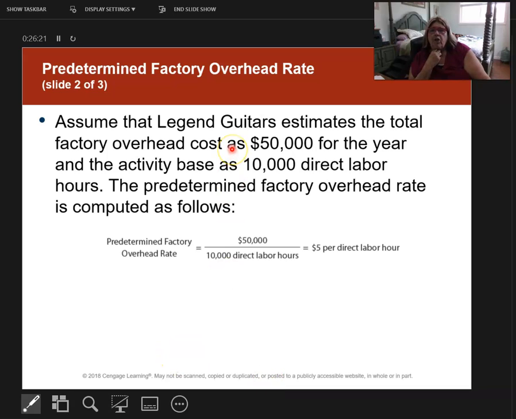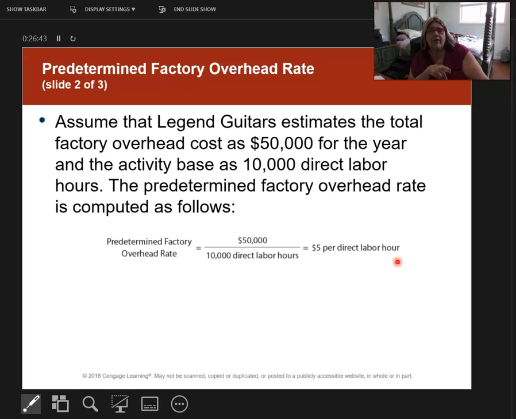So my Legend Guitars, I estimate, this is a guess, that my factory overhead costs are going to be $50,000 this year, and the activity base is 10,000 direct labor hours. So given this, I'm going to use a $5 per direct labor hour rate for these jobs.